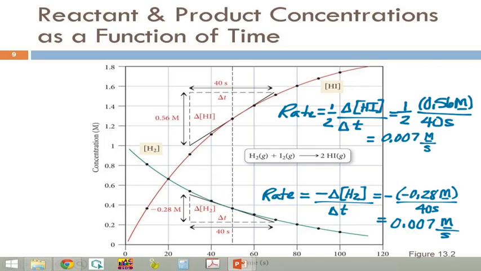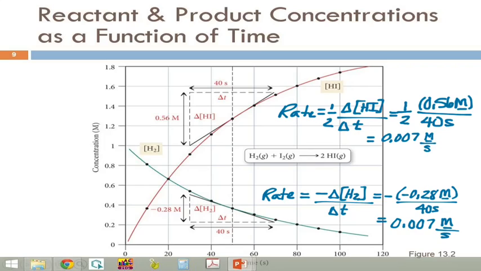Do we expect those rates to come out the same? We do. The rate should be the same no matter how we calculated it. That is the rate at this particular point in time, at 50 seconds. Now, if you calculate the rate over here, it's going to be different because the rate will change.